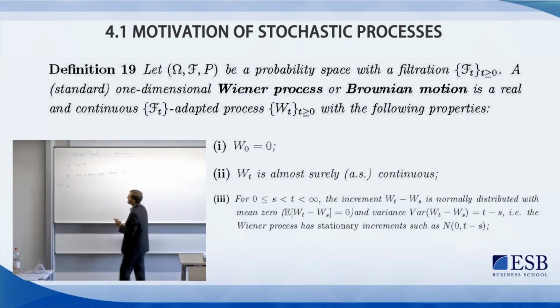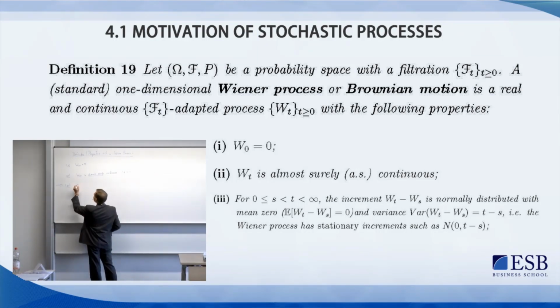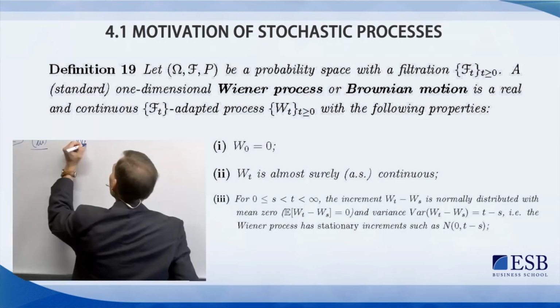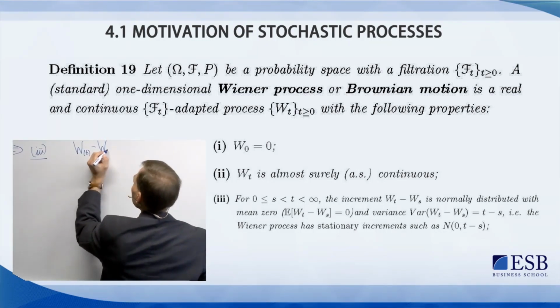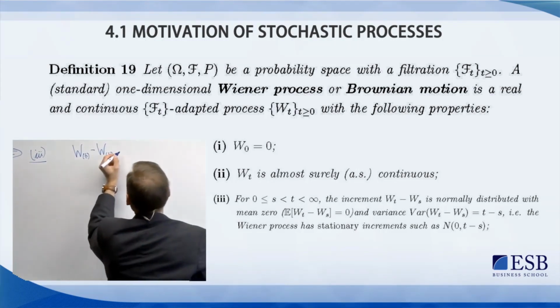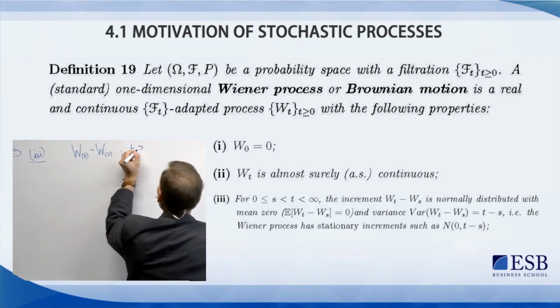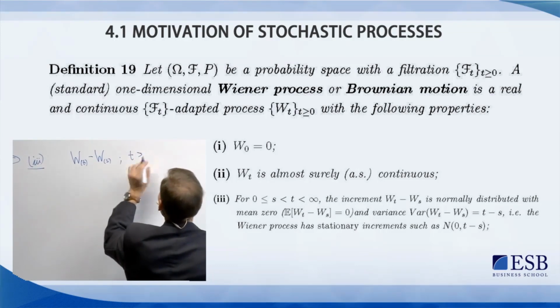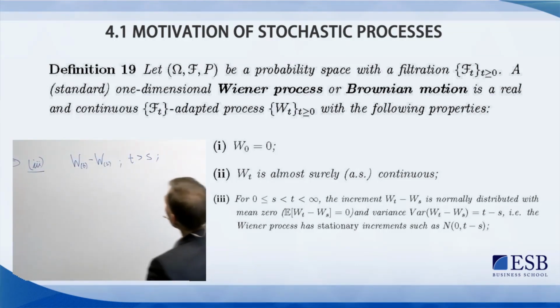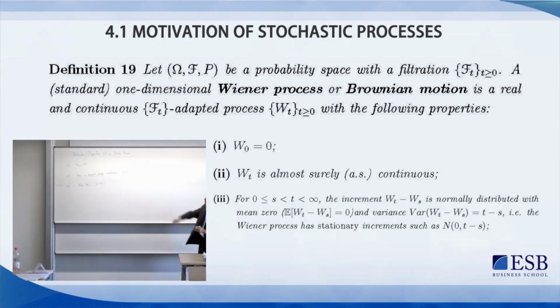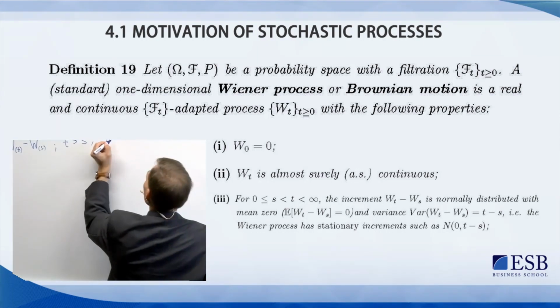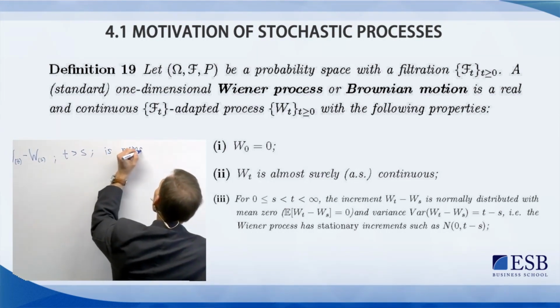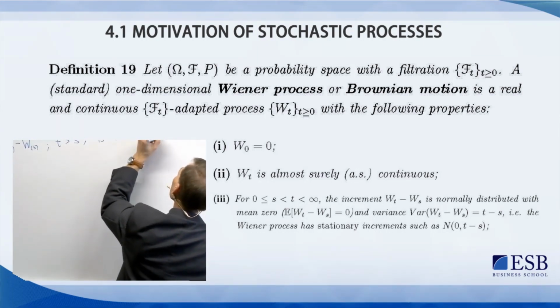And it basically says that the increment of a Wiener process, which is the difference of the Wiener process at period t and at period s, let's say t is greater than s, t is greater than s. So this difference, we call this an increment of the stochastic process, is normally distributed.